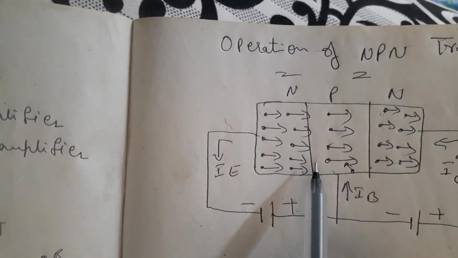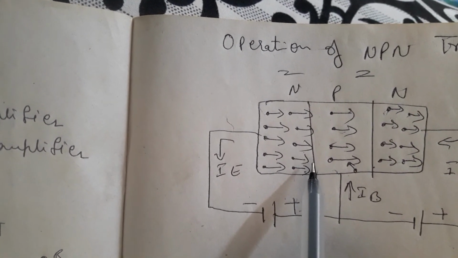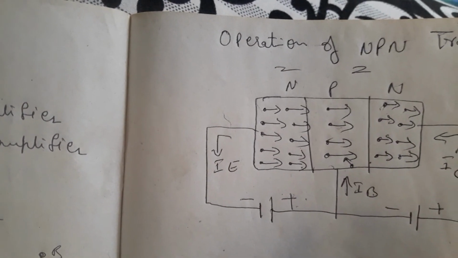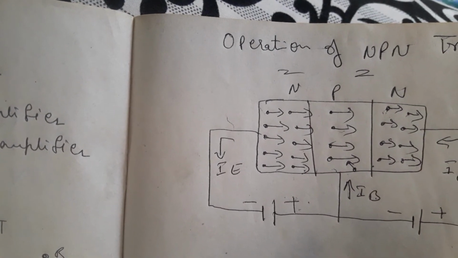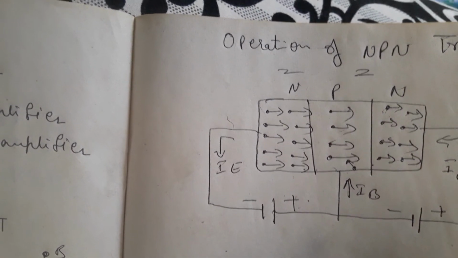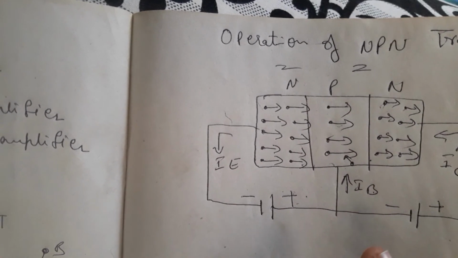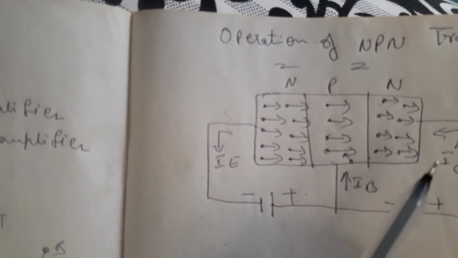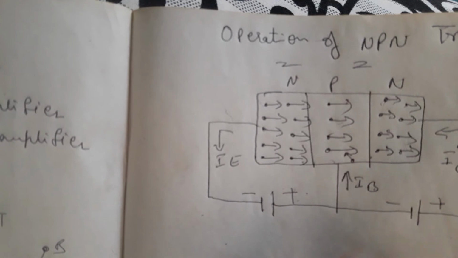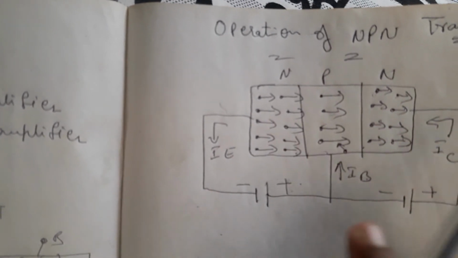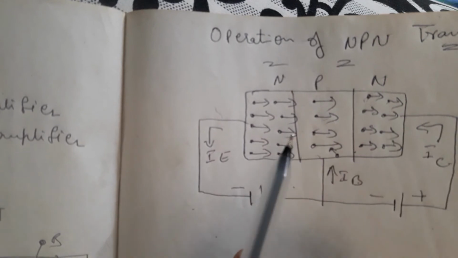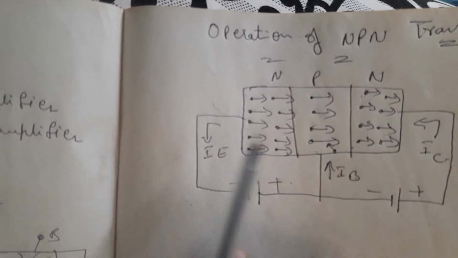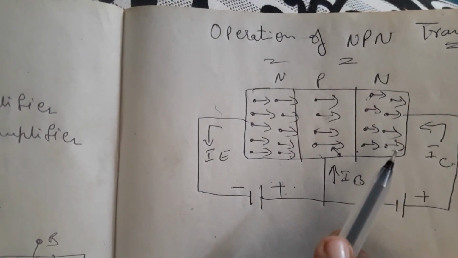As the base is lightly doped with p-type impurity, the number of holes in the base region is very small, and hence the number of electrons that combine with holes in the p-type base region is also very small. Hence a few electrons combine with holes to constitute a base current IB. The remaining electrons, more than 95% of electrons, cross over into the collector region to constitute a collector current IC. Thus the base and collector current summed up gives the emitter current IE.